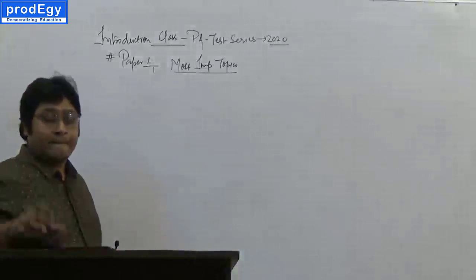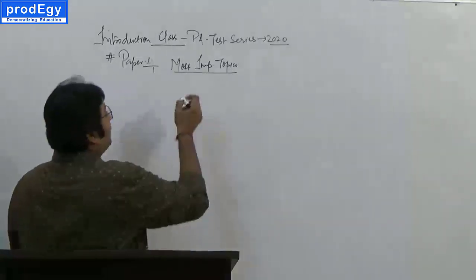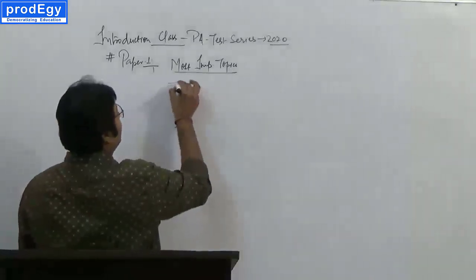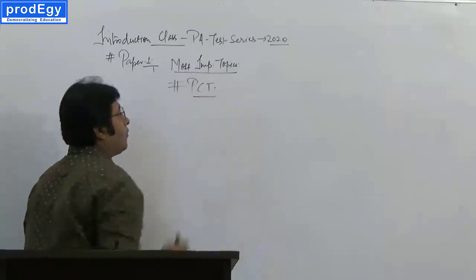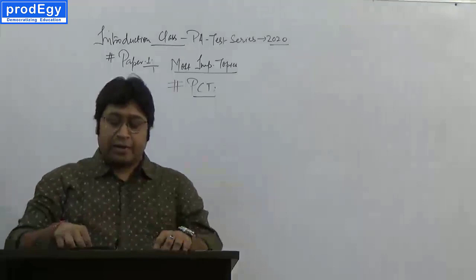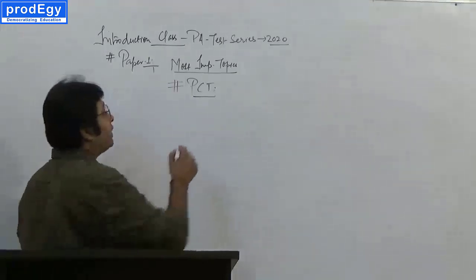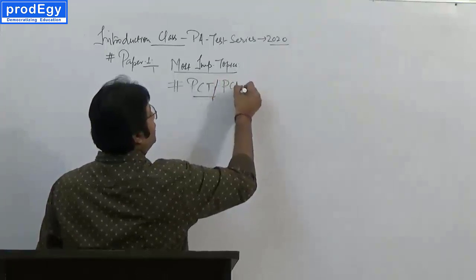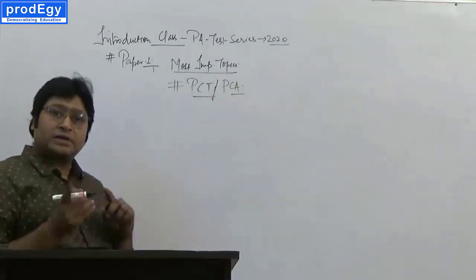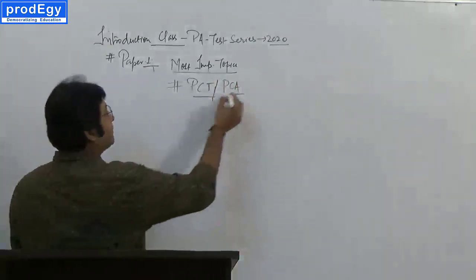Fine. Then once you are doing NPA, obviously you have to understand the public choice theory, the public choice approach. This also becomes a very important topic. In fact, public choice theory or public choice approach, this itself is a big question.